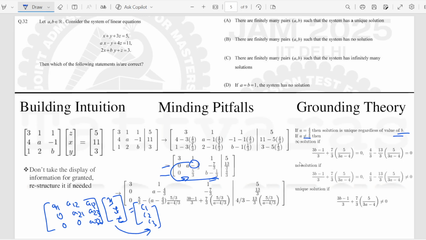When now a is not equal to 4 by 3, this thing will become 0. So what matters is this and this. Again, there will be infinite solutions if this is 0 and this is 0.